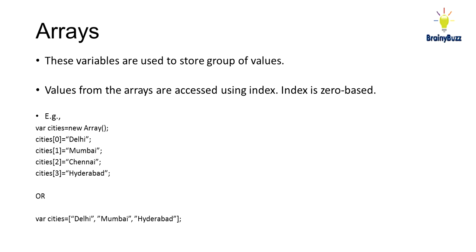So it will start with 0. So if you have 50 students, your array numbers will start from 0 till 49. 49 is the last one.